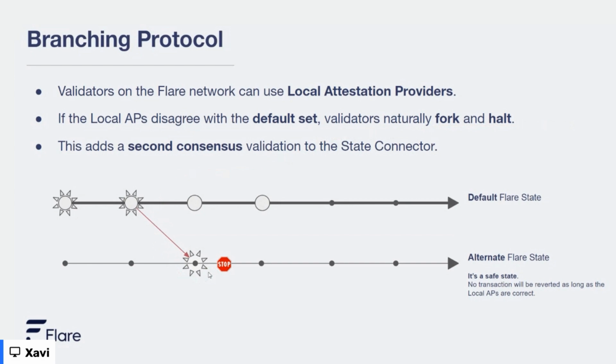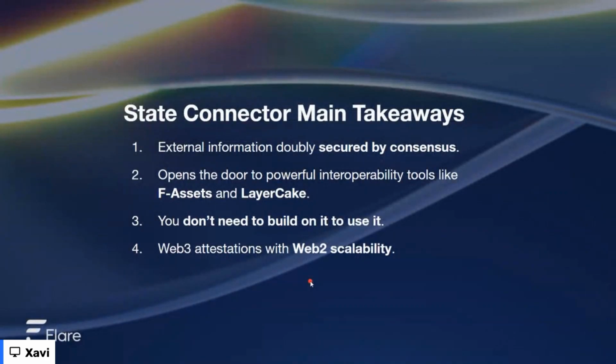So, to summarize, what are the main takeaways from the state connector? It brings external information into the network using a doubly secured consensus. It is a basic building block for far more powerful interoperability tools like the EV assets and the layer cake.